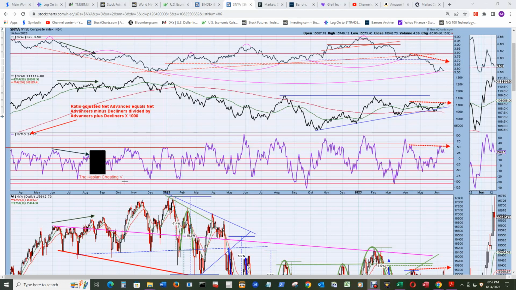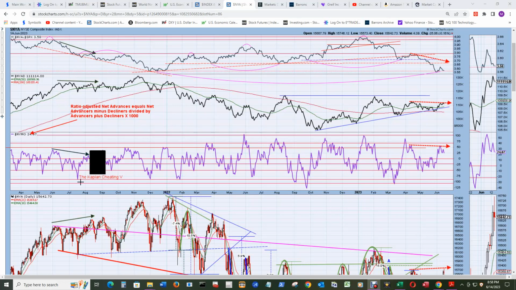And the Kaplan cheating V is slowly making its way off the page, but we'll take another look at it. The divergence was present back then too. You can see price with an upwards trajectory, NYMO downwards trajectory, NYAD slight downwards trajectory, and the NYA to SPX ratio downwards trajectory, and all of them look almost the same as the trajectories we're looking at for today in red over here.